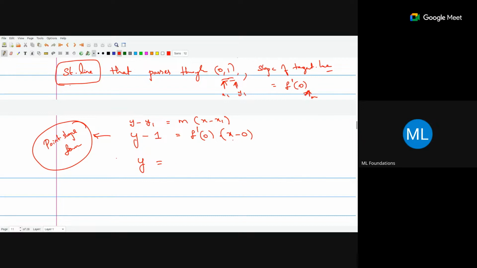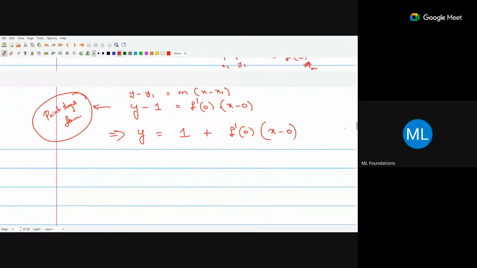So from here I can simplify, y is equal to 1 plus f dash of 0 times x minus 0. Now I am writing this 1 as f of 0, plus f dash of 0 times x minus 0.